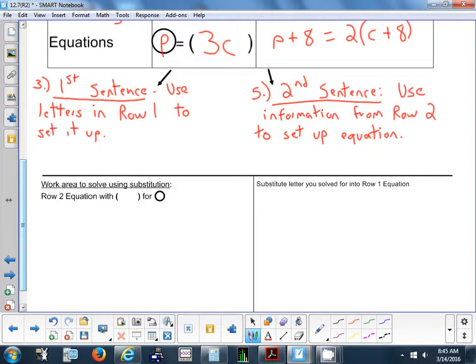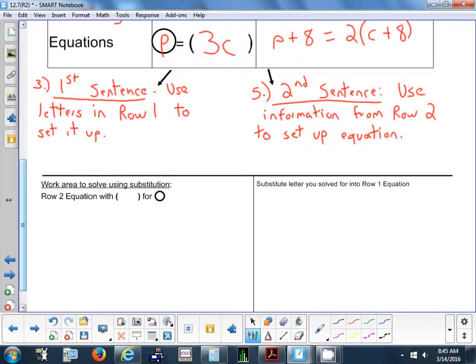I'm going to take the row 2 equation with parentheses. Whatever letter is in the circle, you're going to substitute what's in parentheses for that letter. So in this equation, what letter am I substituting for?